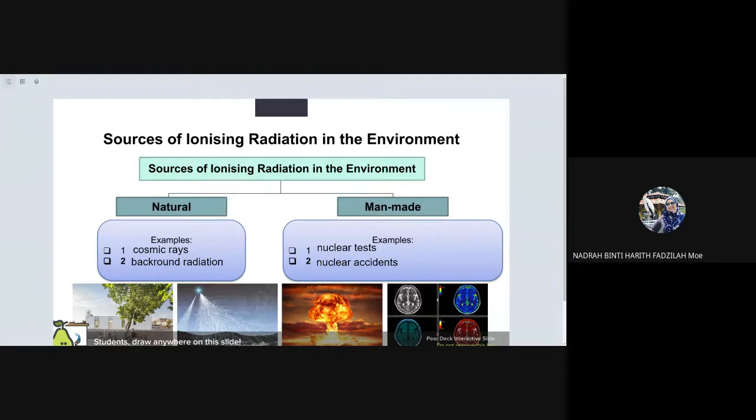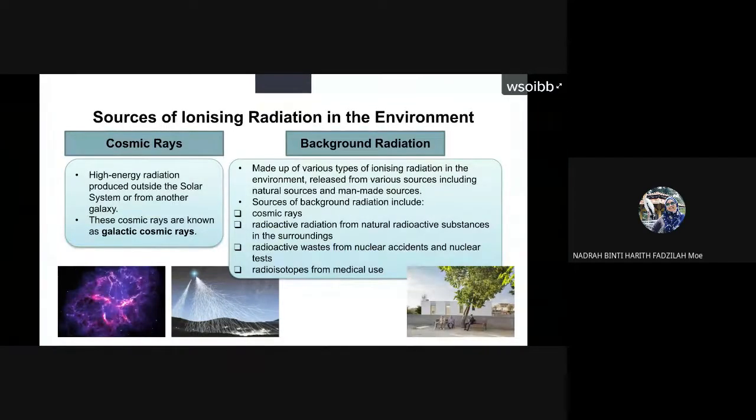So when we talk about cosmic rays just now, when you stated one of the example atau one of the sources is cosmic ray. So when we talk about cosmic ray, it is basically a high energy radiation produced outside the solar system or from another galaxy. These cosmic rays are known as galactic cosmic rays.